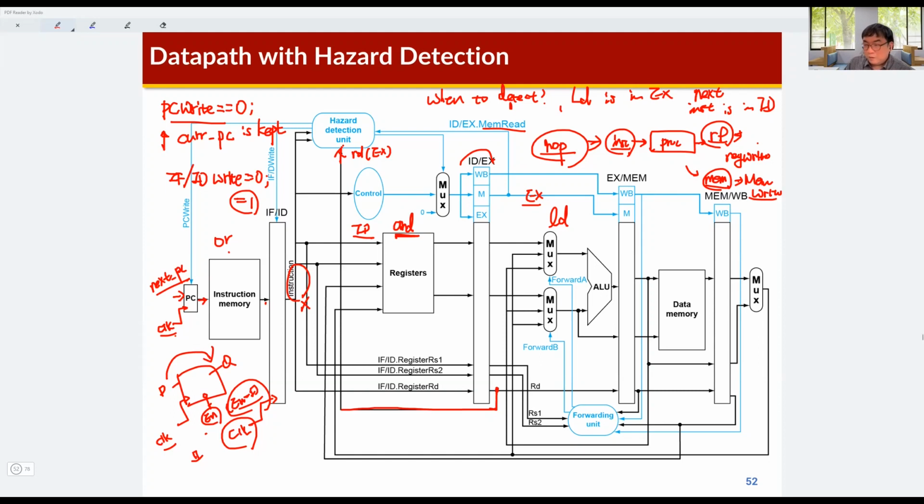Also, if a branch instruction is executed, then the PC will be updated by the target of the branch, if the branch control signal is 1.